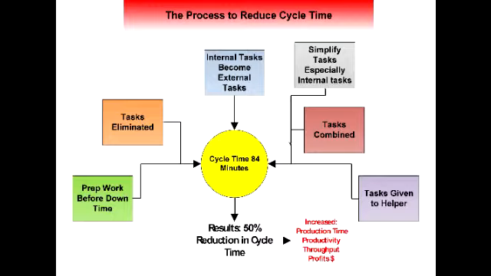And then you have also identified what can be done externally to the process, maybe ahead of time, getting better prepared. And you've also simplified some of the tasks by making them easier to perform with much less effort, and maybe eliminated the need to use any tooling whatsoever. After you've done all of that and assigned whatever you could to the helper, a 50% reduction.